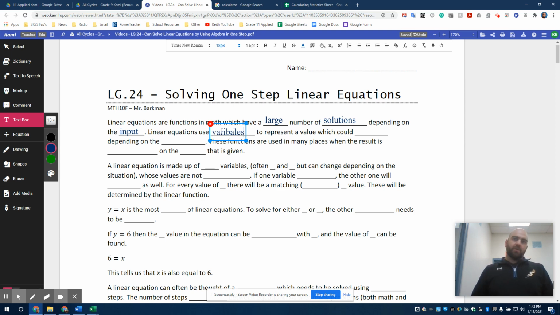Linear equations use variables to represent a value which could change, depending on the situation. These functions are used in many places where the result is dependent on the input given.